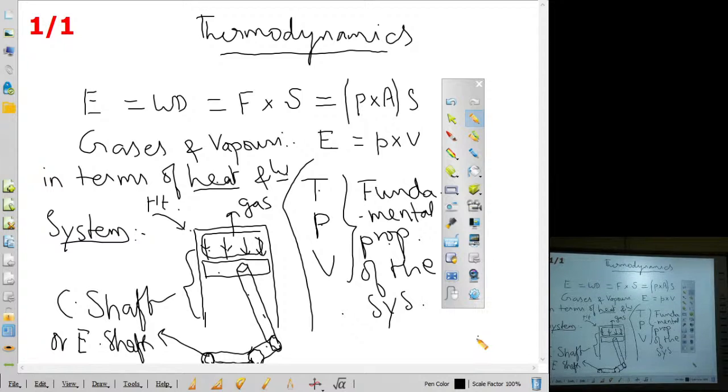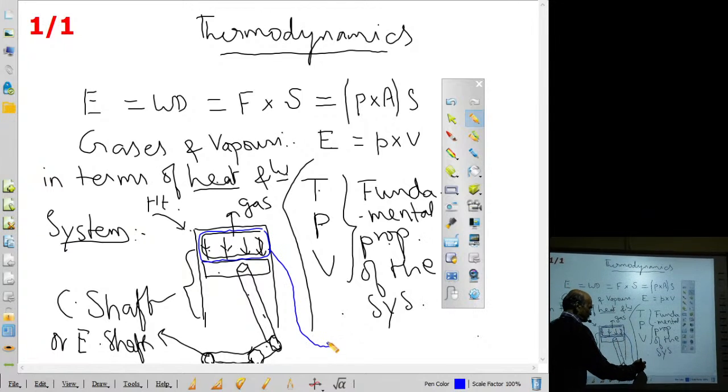So then, I have given you an idea, in general, concisely, about the working of the engine. For that, let us imagine that just inside the cylinder, we have taken a boundary. That blue color is the boundary. So this is the boundary.